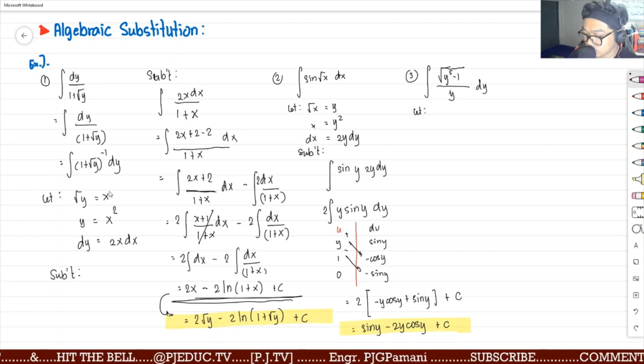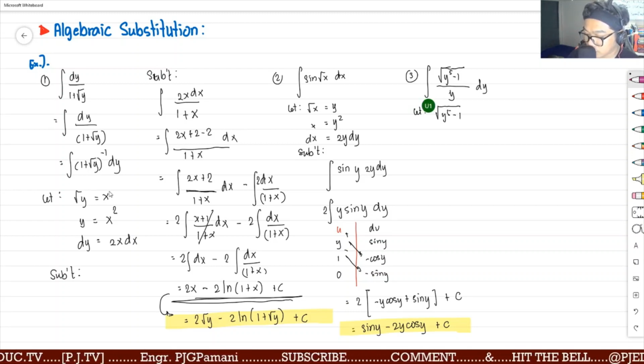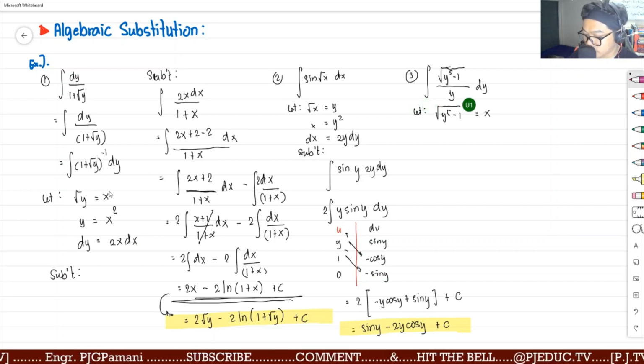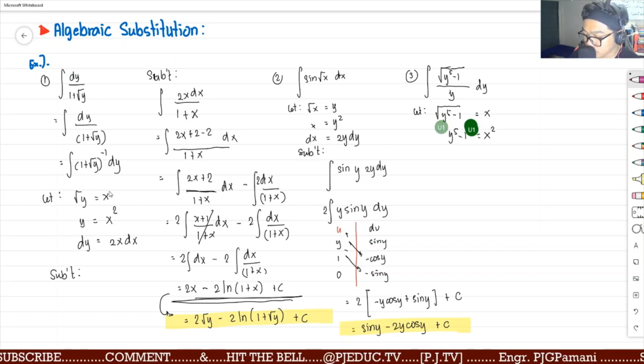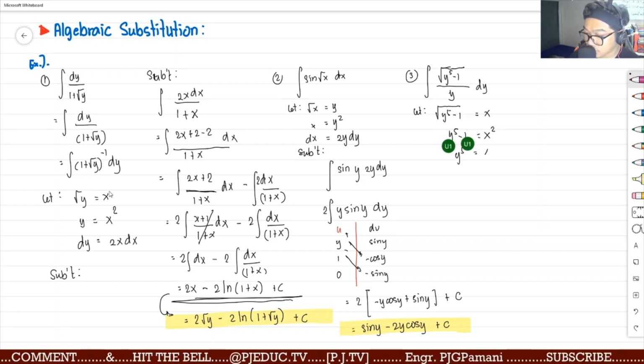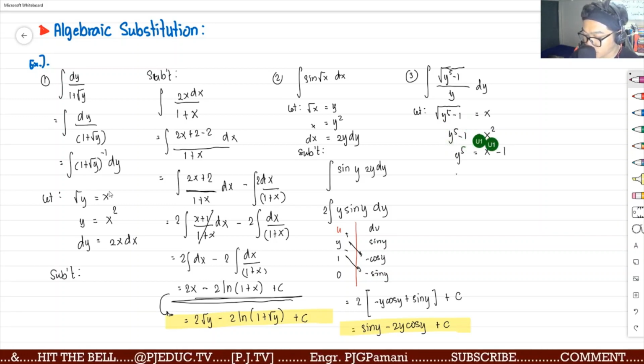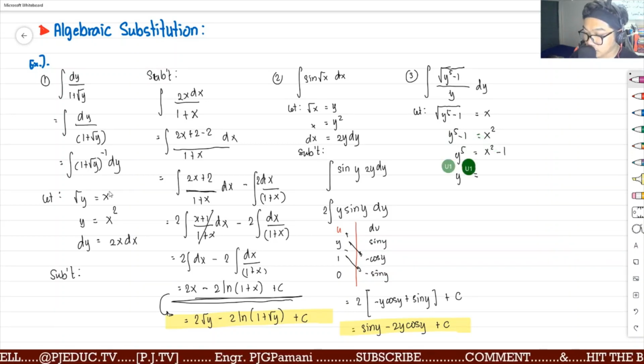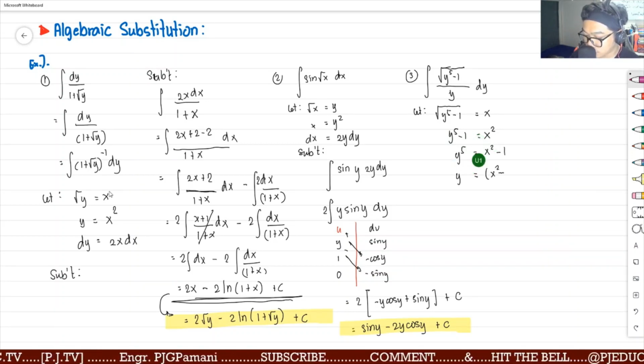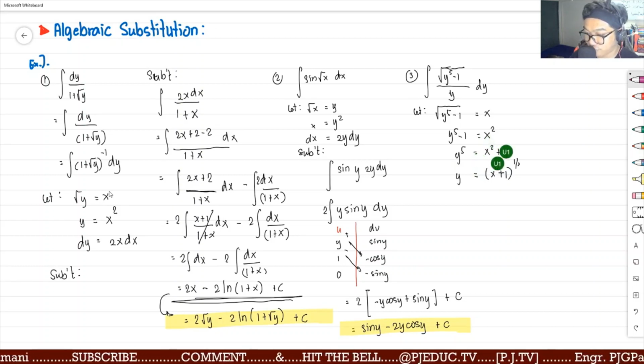Let square root of y raised to 5th minus 1 equal to x. Simplify, that is simply y raised to 5th minus 1 equals x squared, y raised to 5th equals x squared plus 1, or y is simply equal to x squared plus 1 raised to 1/5.